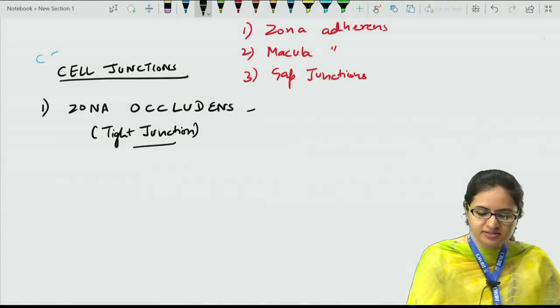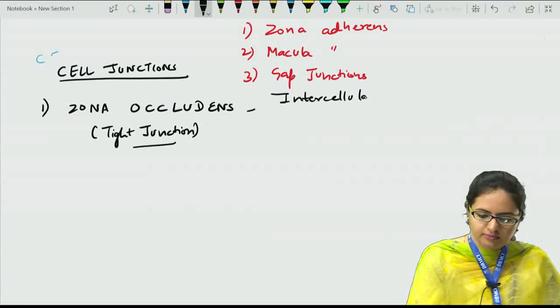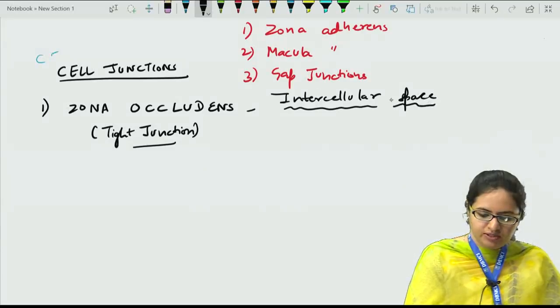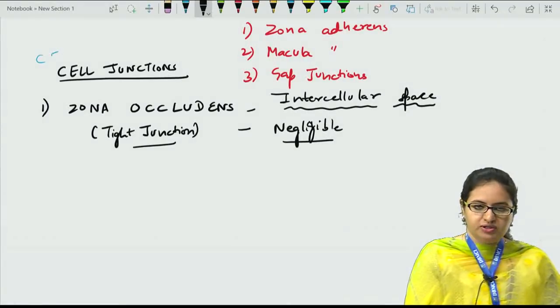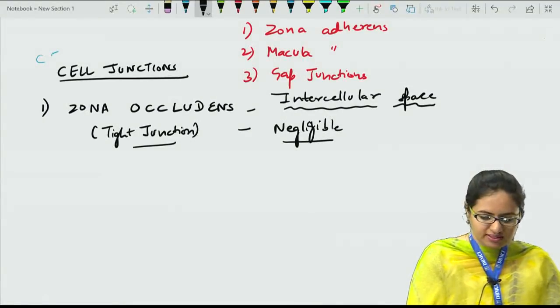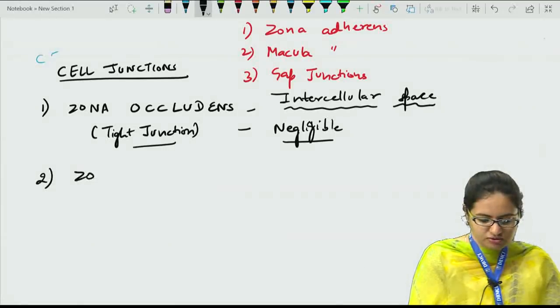If we talk about the intercellular space, that is the space between the cells, it is negligible in the zona occludens. Then the next is zona adherens.